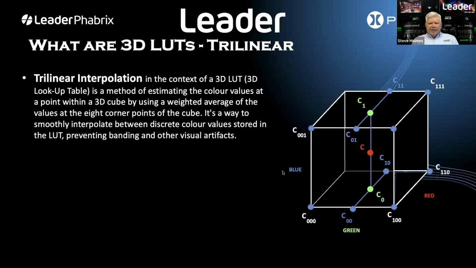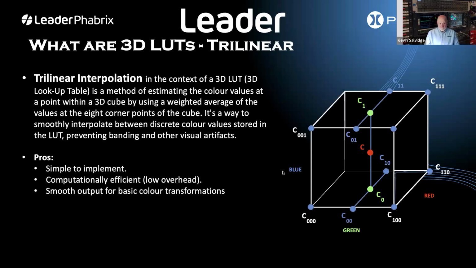So Steve, the trilinear interpolation. Yeah, so trilinear is just trying to fill those points without looking at some of the other data from the other channels. It's just going to take that green channel and try to smooth out the points and work out some of the spots that are missing in between the two. It's not a volumetric interpolation, if you will.